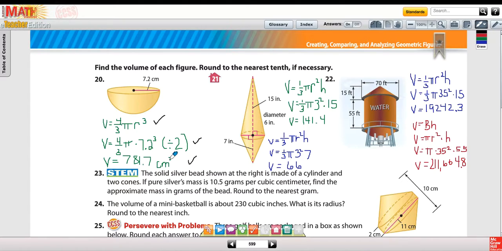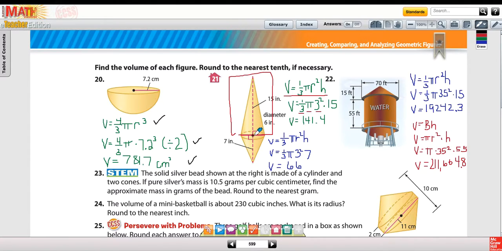Okay. On number 21, I tried to follow my suit from previous problems where I'm showing the steps for both parts of this figure. So the top cone here, I have volume equals 1/3 pi r squared h. 1/3 and pi are constants.